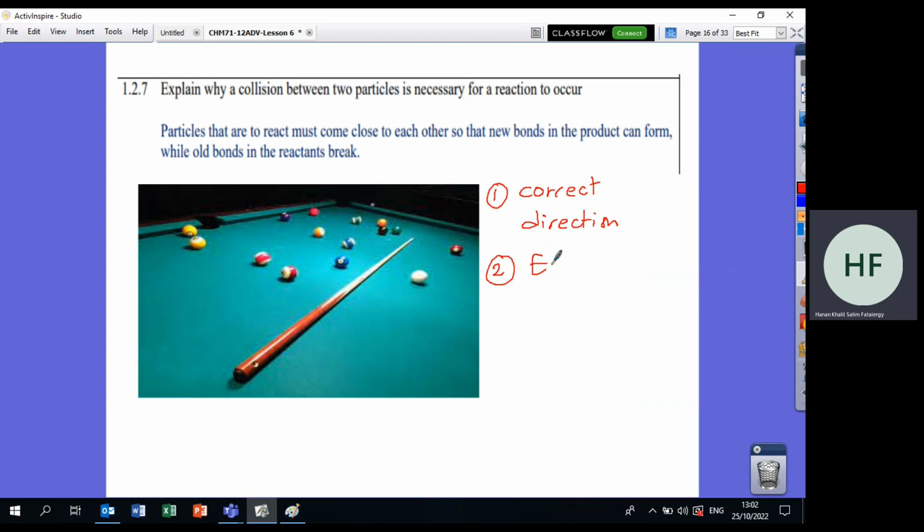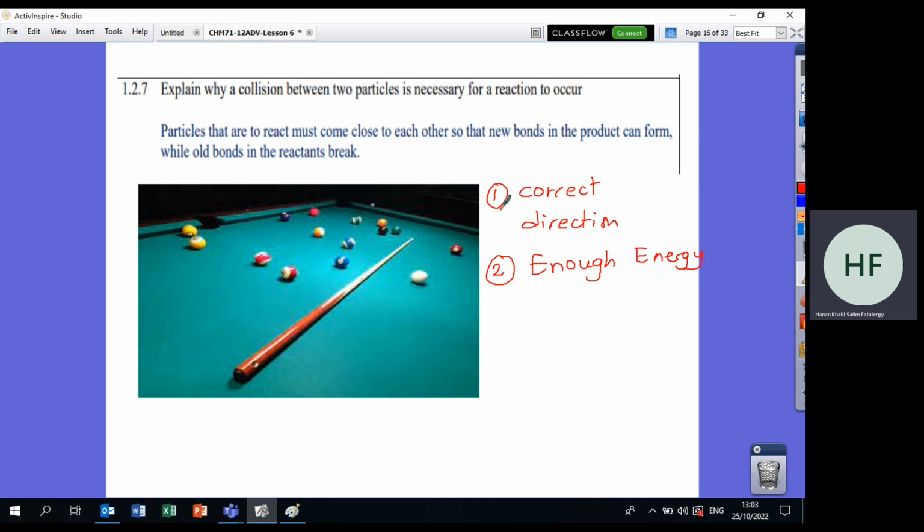Number two, you choose enough energy. You choose the amount of energy. If the two balls are close to each other, then you will push them with a small amount of energy. If they were far from each other, then you will push them with a big amount of energy. So I'm not going to say small amount of energy or large amount of energy. I will say enough energy.